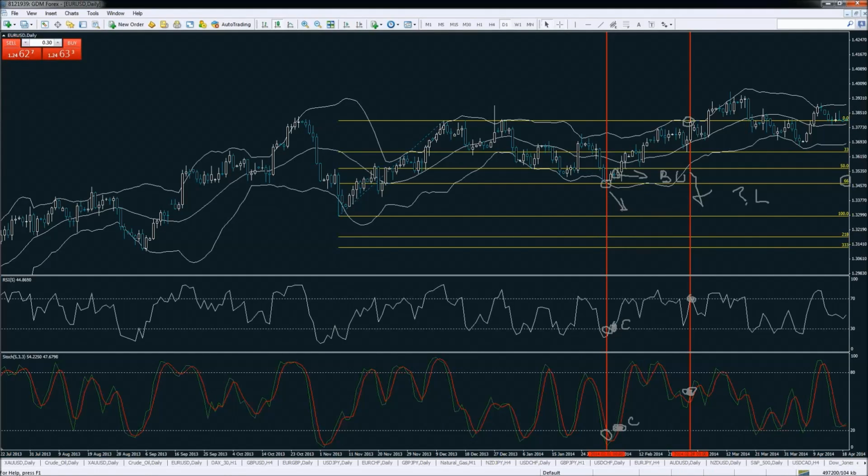Now trading with one lot, this is $2,390 of profit in 20 days, and this is only one lot trading on one currency pair.